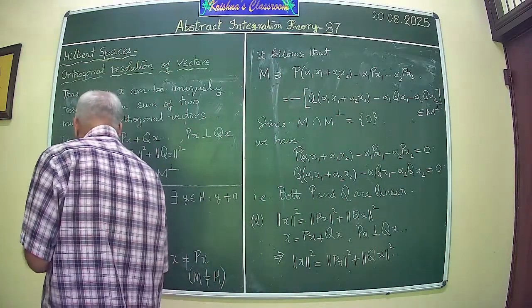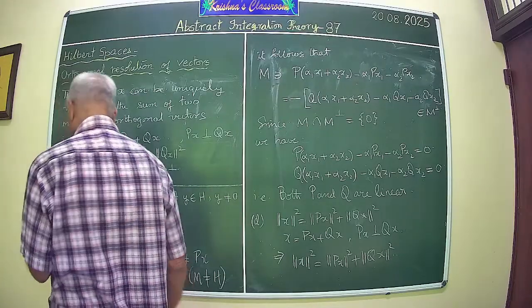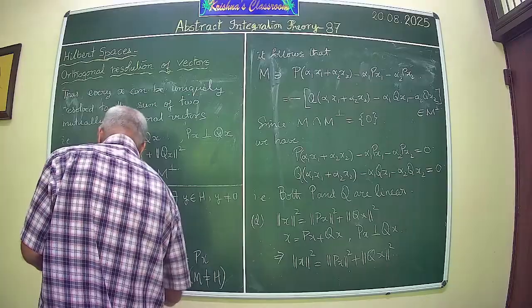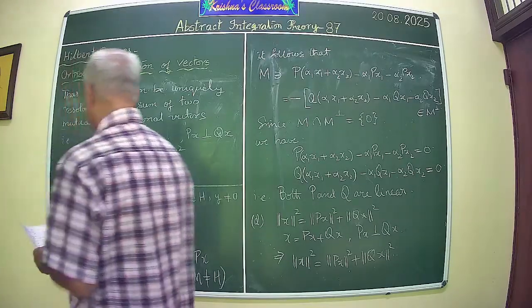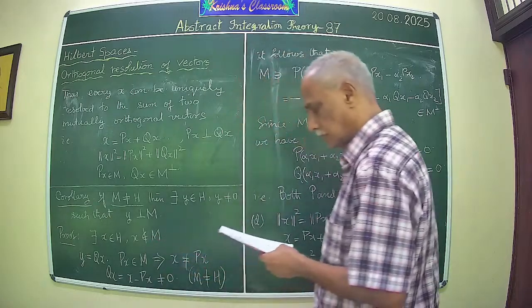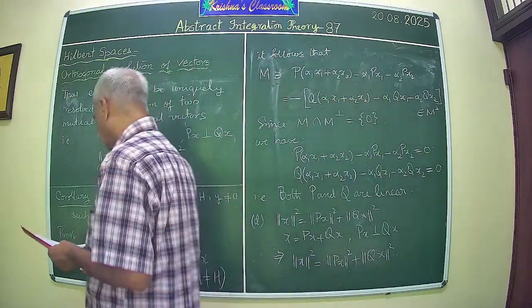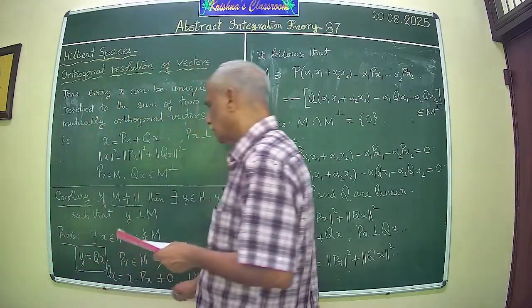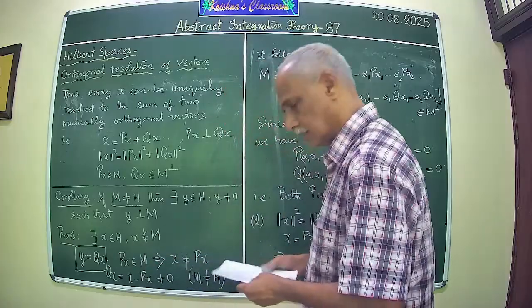Therefore, Qx equal to x minus Px, which is not equal to 0. So this completes the theorem. Okay. So y is equal to, so you have this result, and from that you take y equal to Qx, you get the result.